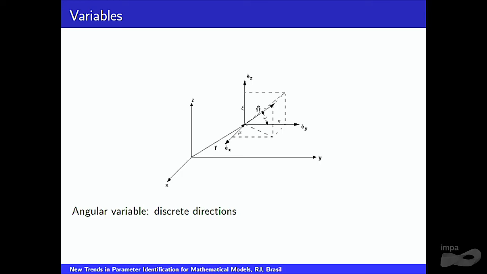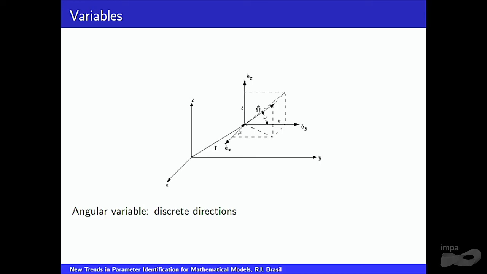One in terms of the position of the particle and another in terms of the direction of the particle. So from here I have 6 variables, and if I don't consider a stationary problem, I would have 7 variables, which will include the time.